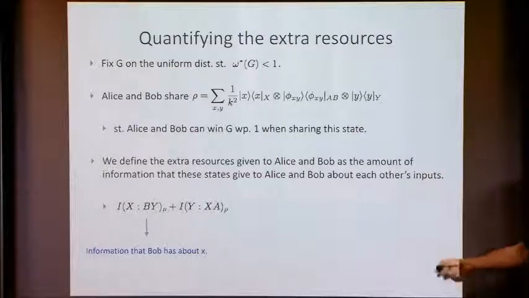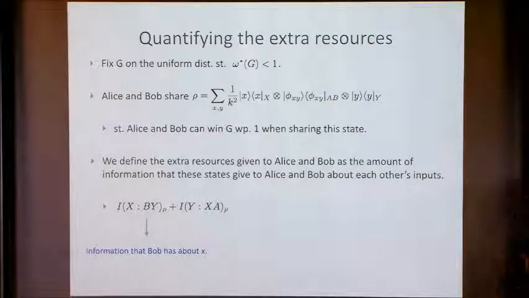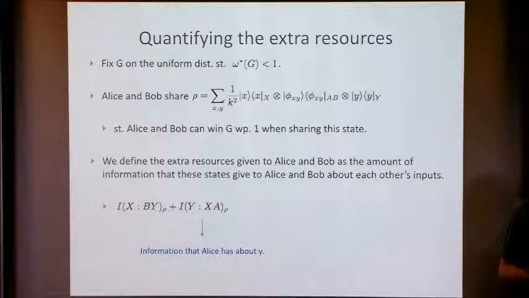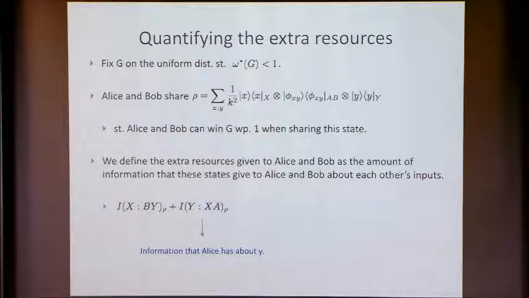So this quantity corresponds to the information that Bob has about Alice's input x. And conversely, this is the information that Alice has about Bob's input y, assuming that Alice and Bob share these states, phi xy. So this is the quantity we'll be interested in.